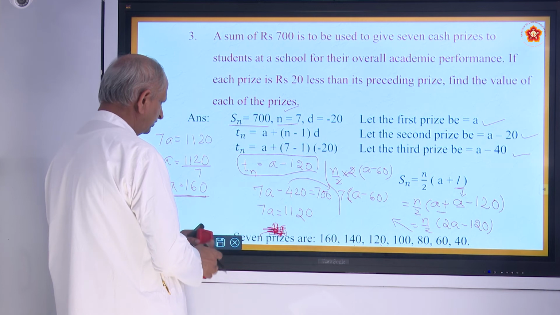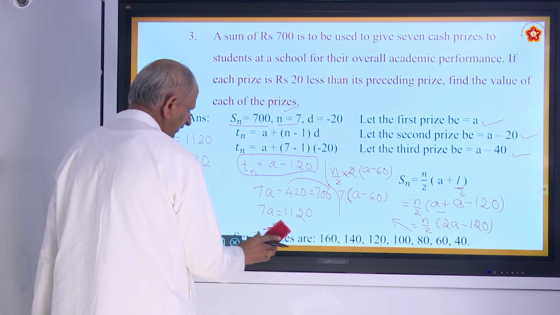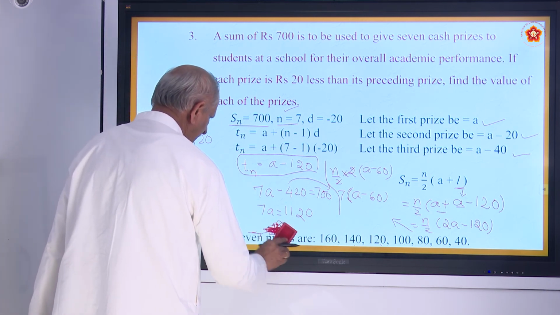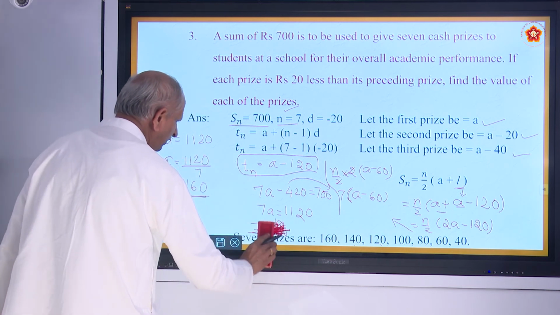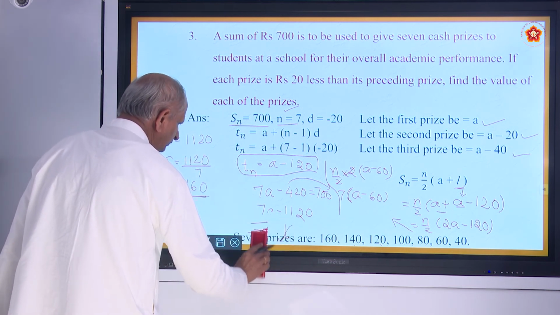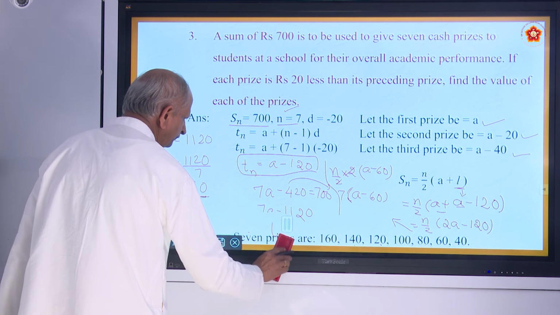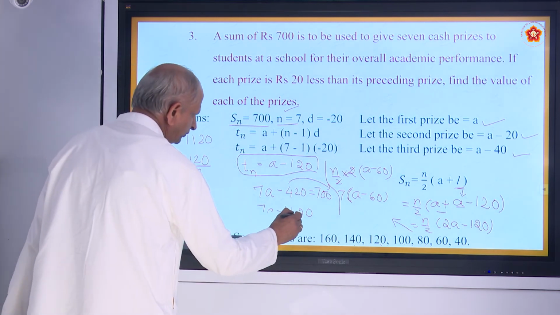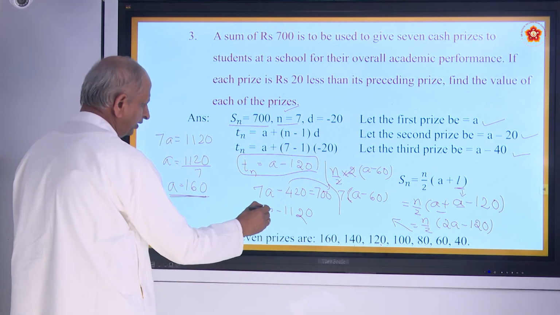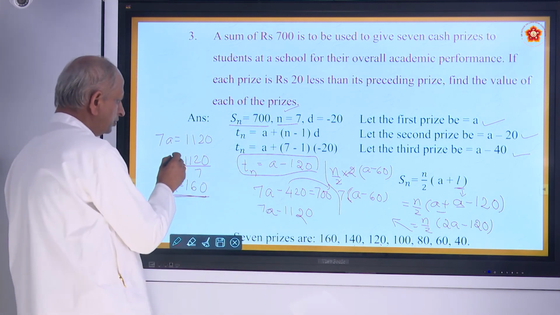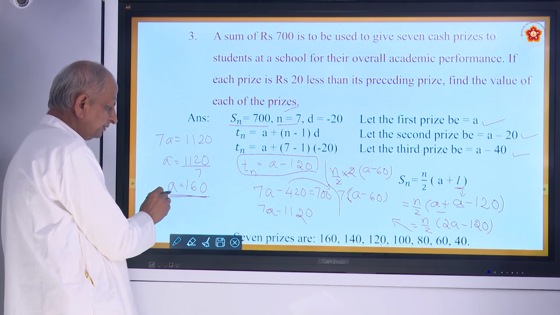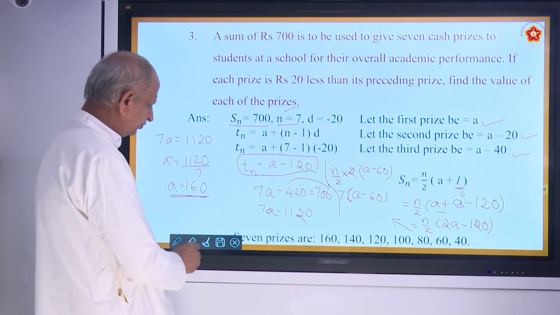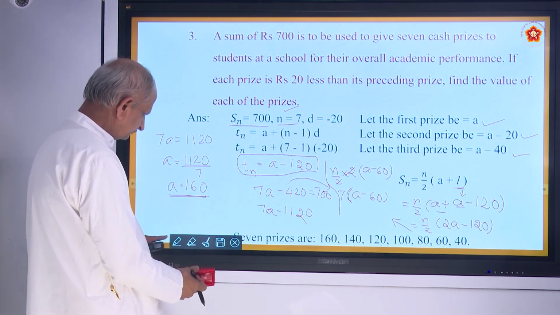And then divide that. 7A is equal to 1120, so A is equal to 1120 by 7, which is 160.